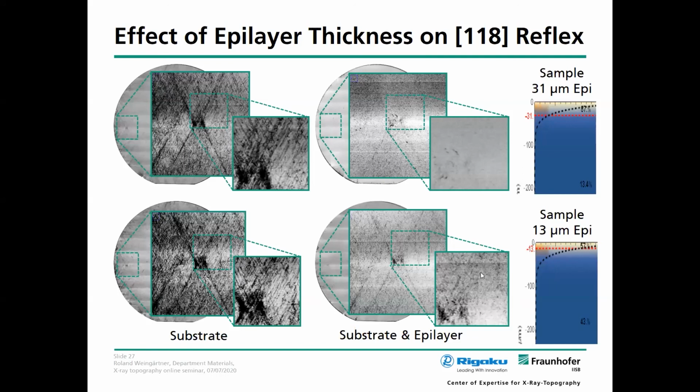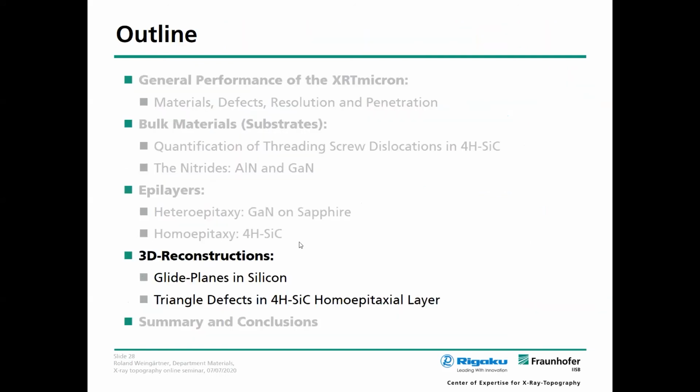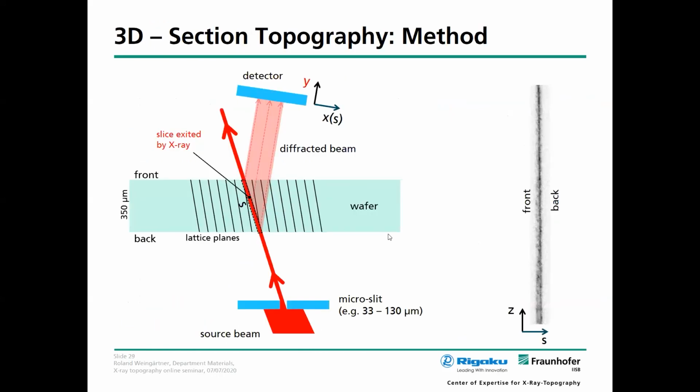Nevertheless, what we have is three-dimensional reconstruction. This I would like to show you now, because it may also help to identify what defects we have in the epilayer. First of all, let me shortly repeat what Taka already explained to us, namely how three-dimensional section topography actually works. The idea is very simple.